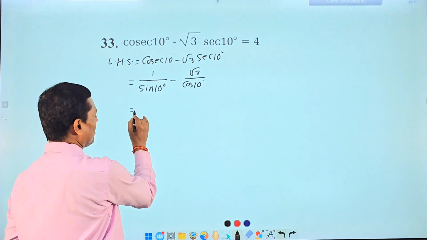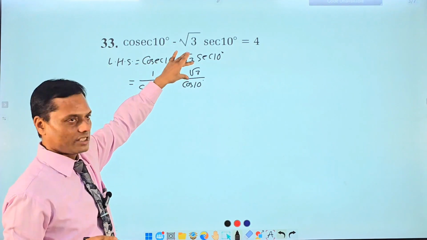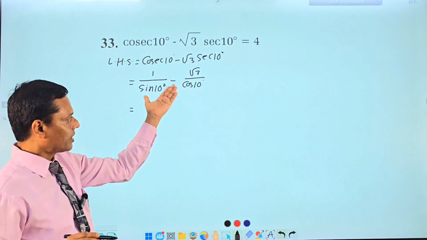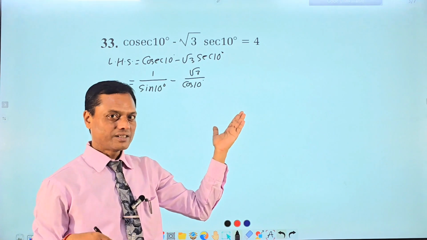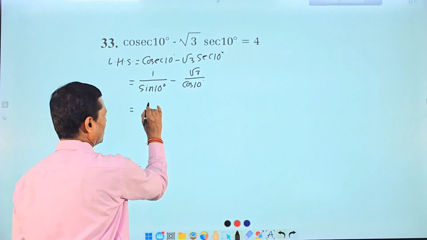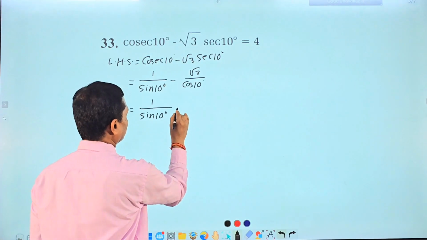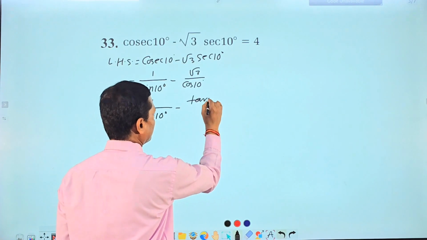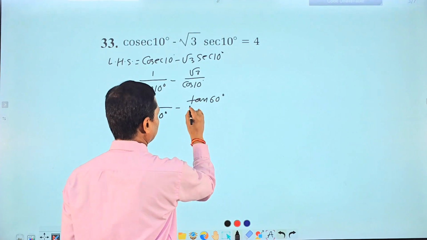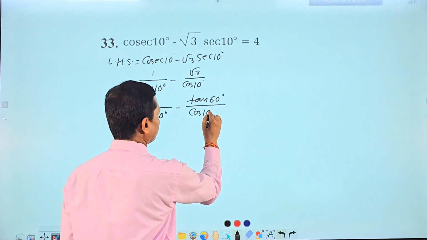And the second way is root 3. Here is root 3, so we can write root 3 as tan 60 degrees, isn't it? So we can write here 1 by sine 10 degree minus tan 60 degree over cos 10 degree.